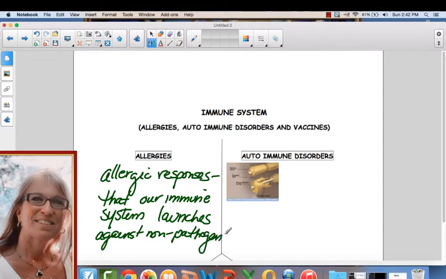So as I said, peanuts aren't necessarily a bad thing, but for some of us, our body perceives that antigen on the peanut to be threatening to our body and tells our immune system to launch an attack against it, even though it's really not a pathogen, so non-pathogen.